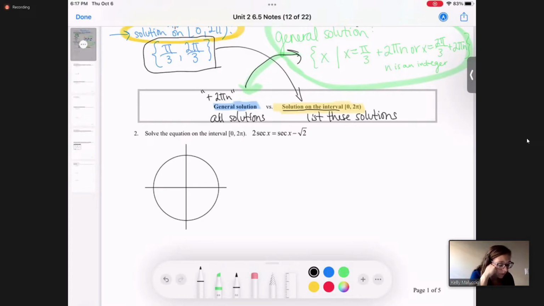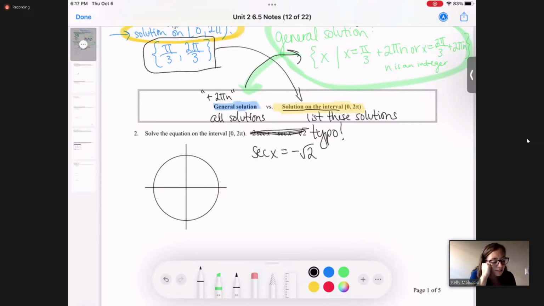I think this is a typo. What it should be is solve secant x equals negative square root 2. I think I copied and pasted secant x. That's what happened. But this is a typo, so we're happy.